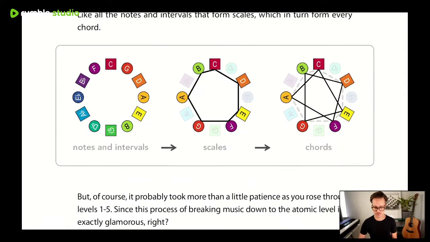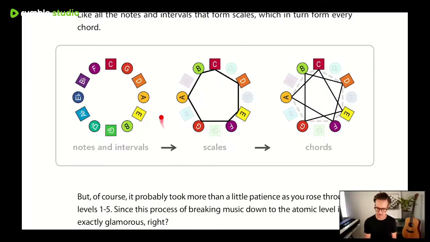So to break this illustration down a little bit, you have notes and intervals. This is the circle of fifths, or the harmonic sequence of notes. And then we rearranged those notes and intervals into the chromatic scale by taking every other note and rotating them 180 degrees. Check out the earlier lessons to see that in detail. And then we have scales.